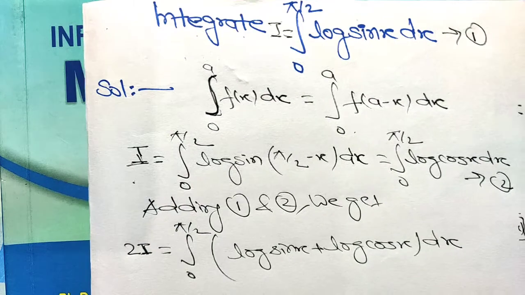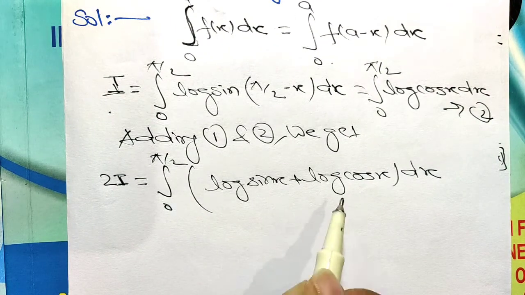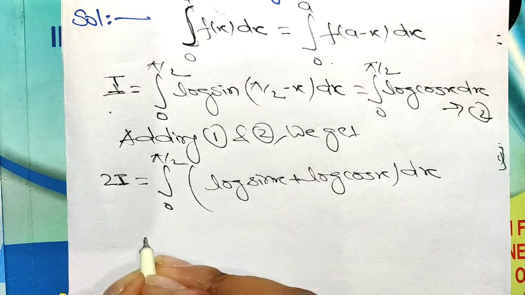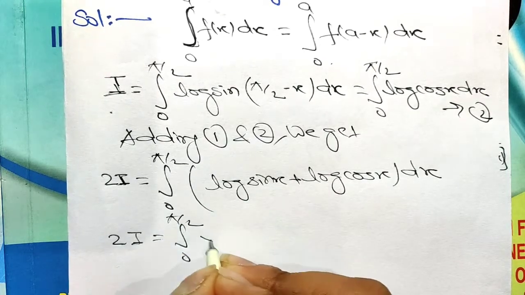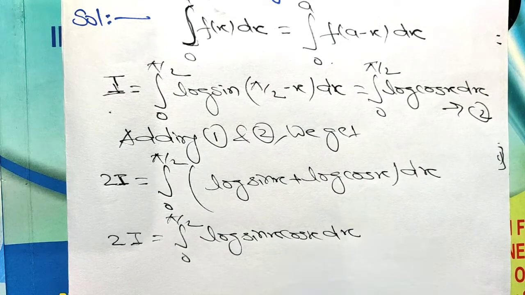Again we are going to use one of the properties of logarithmic functions, that is, log m plus log n is equal to log of m into n. So this can be written as the integral from 0 to pi by 2 of log of sin x cos x dx.